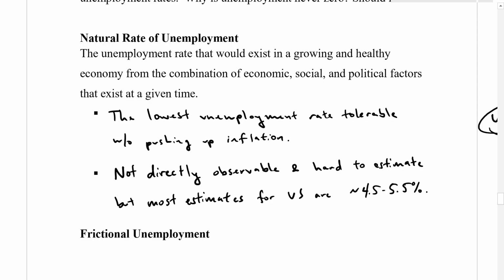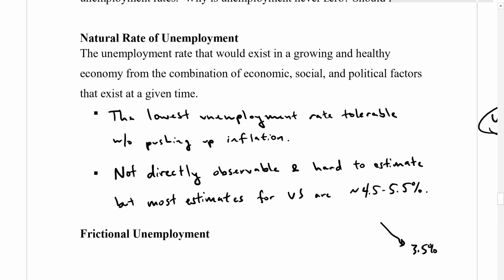Okay, although I will say a lot of economists were essentially proven wrong during the decade of the 2010s because we kept seeing lower and lower unemployment rates, and it got as low as 3.5%, and we still didn't have upward pressure on inflation. So that's been a bit of an anomaly in the last several decades within economics, where we had very low levels of unemployment, but also not high inflation.